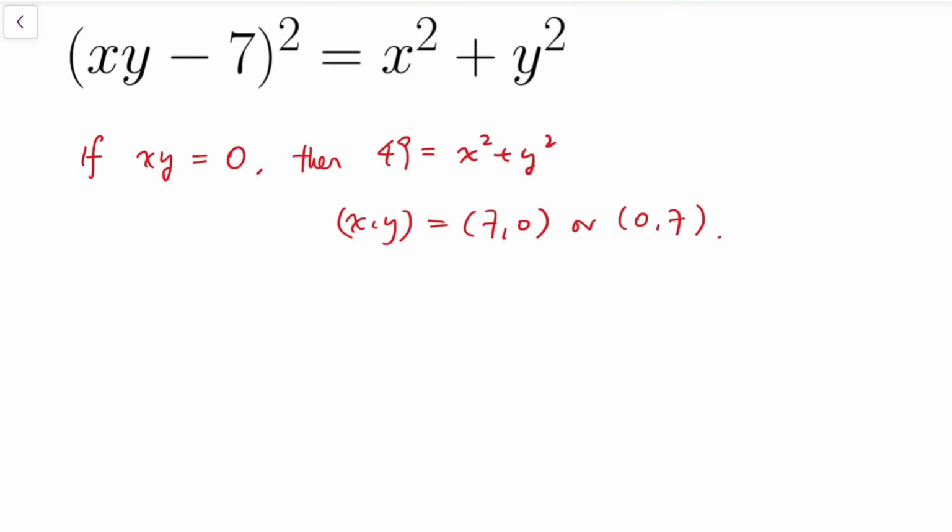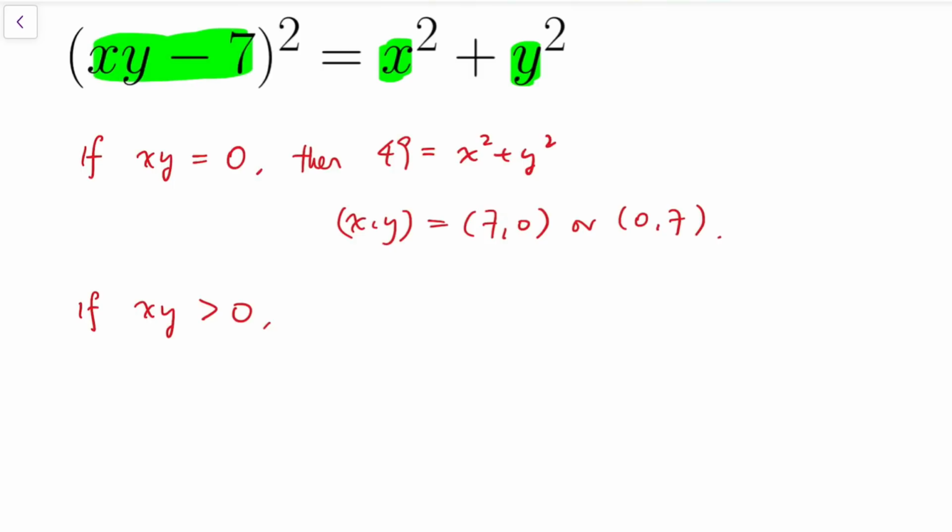And then we can move on to the second case, that if xy is larger than 0, because we're looking for non-negative integers x and y. If x and y are both positive, then notice that we actually have a sum of squares equal to another square, for x, y, and xy - 7.